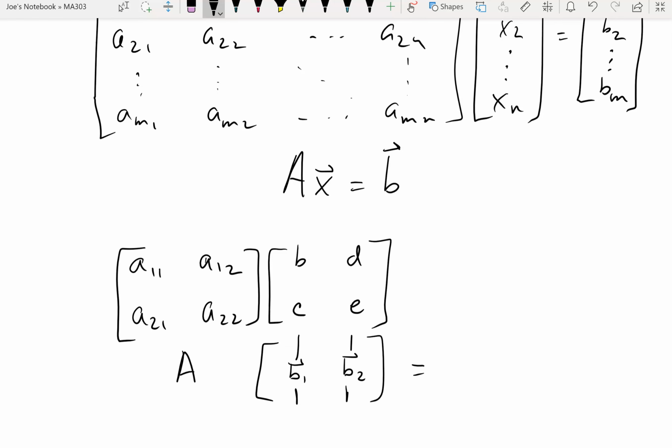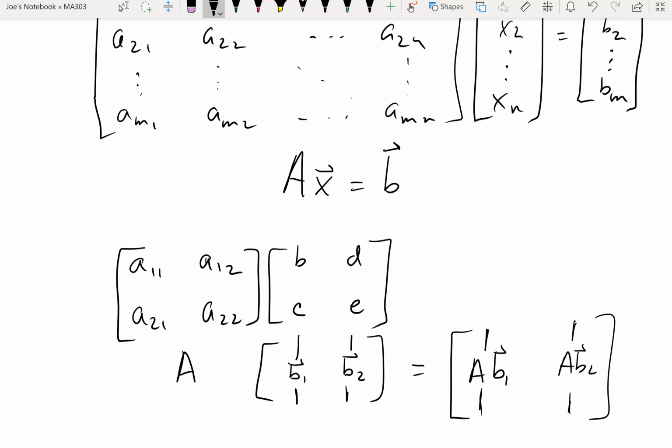when we get the answer, I can think of this now as a couple of new column vectors. I can take the A and multiply by the B1. That gives me a column vector, doesn't it? And I can take the A and multiply by the B2, and that also gives me a column vector. So I can think of this, and this works out generally too.